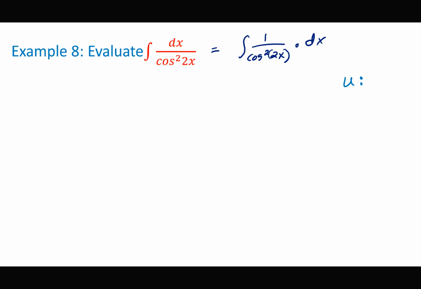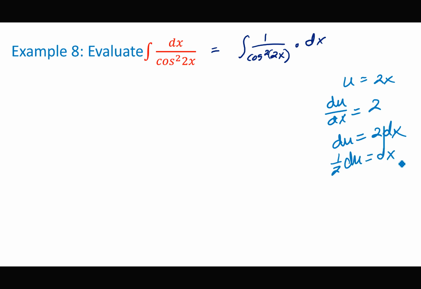So this one, let's just go with u equals 2x. So du dx is equal to 2. Du equals 2 dx. It doesn't help me out, so I'll go 1/2 du equals dx. The only thing I've taken care of is the dx piece.